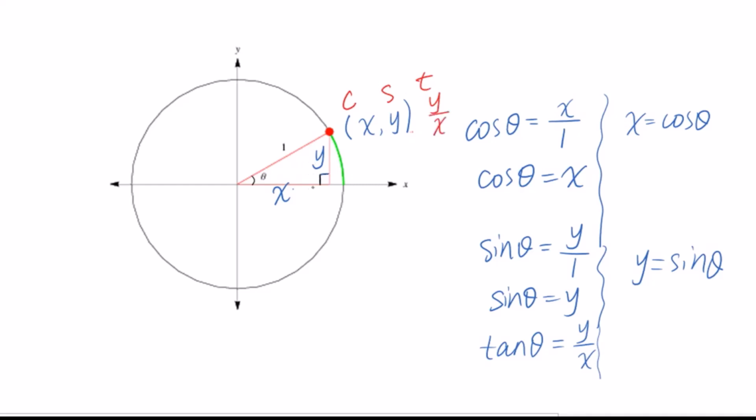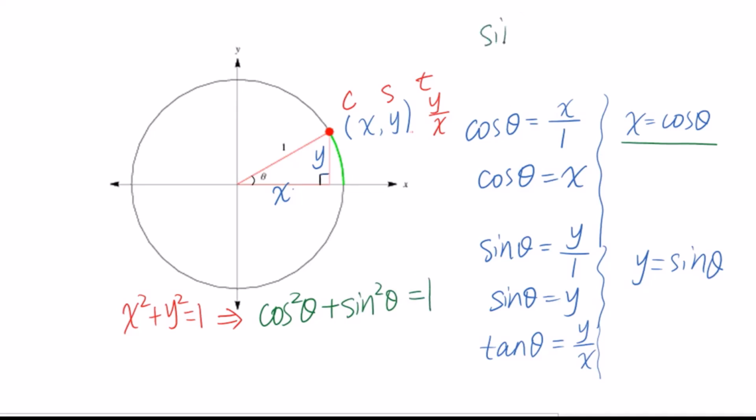For the unit circle, we know this is always true: x squared plus y squared equals 1. Then we plug in sine theta and cosine theta separately. X squared, x is cosine theta, so we write down cosine squared theta plus y is sine theta, that's sine squared theta, equals 1.